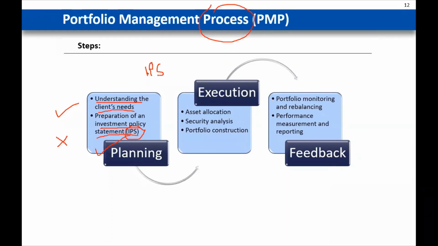So when you have prepared your investment policy statement for your client, who is your client? Your client can be an individual, or your client can be institutional. Who are you? The portfolio manager. What are you doing? You are managing a portfolio. Right now, we are trying to learn what steps we need to follow to manage a portfolio.